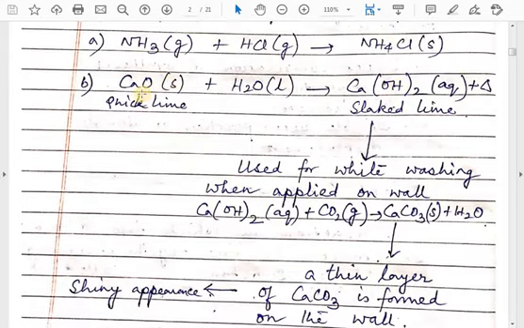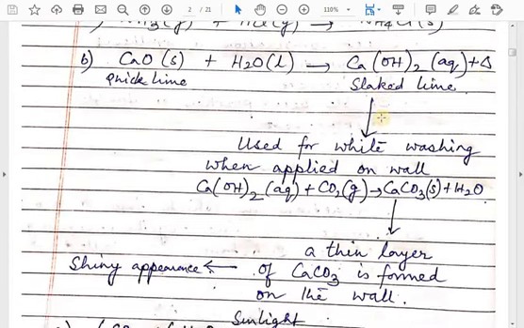Then quicklime or calcium oxide when combines with water gives you slaked lime or calcium hydroxide. There is a large amount of heat generated, so the reaction is exothermic. Calcium hydroxide or slaked lime is produced.